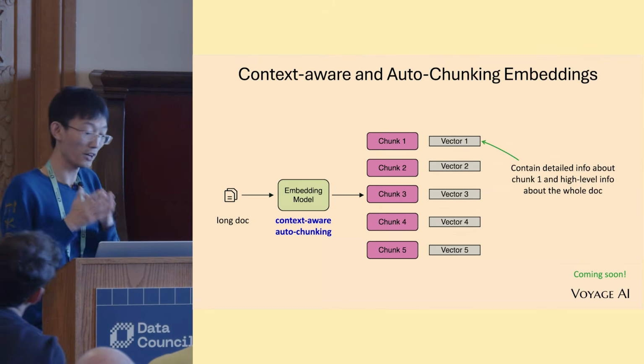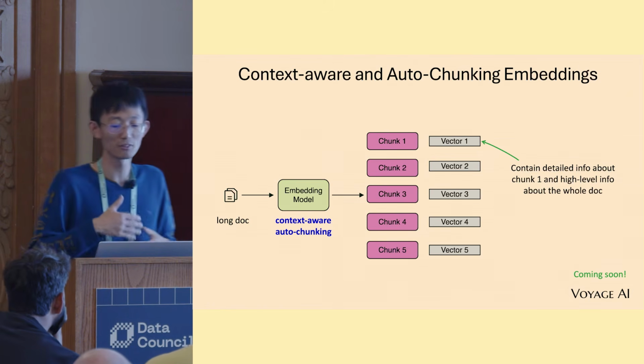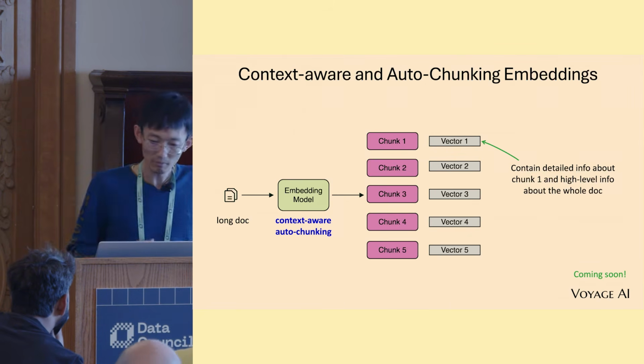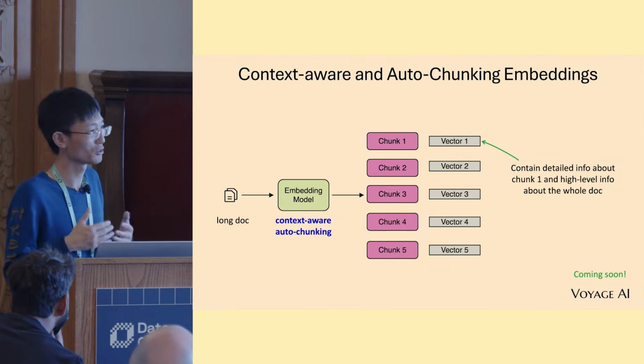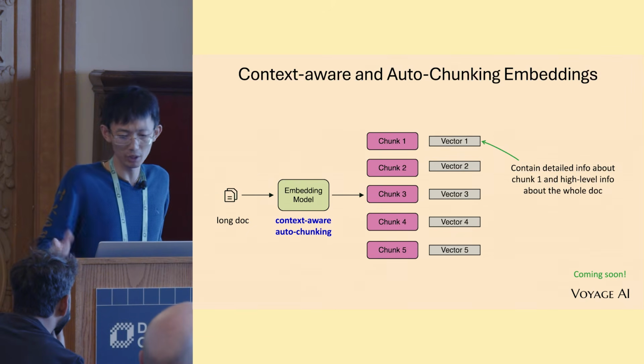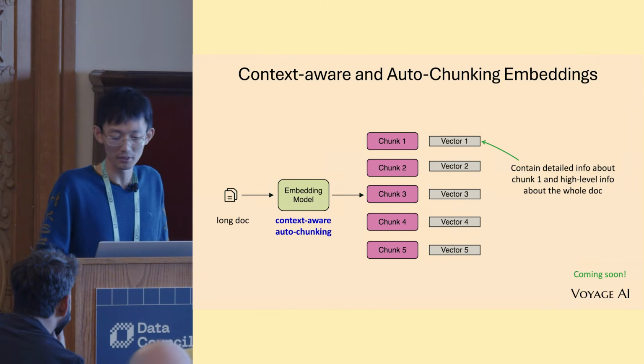So vector 1 has a lot of detailed information for chunk 1, and some high-level, less detailed information about chunks 2 to 5. This is the right balance, because you need a little of both to do the best retrieval. We're going to release this in maybe 1 or 2 months.